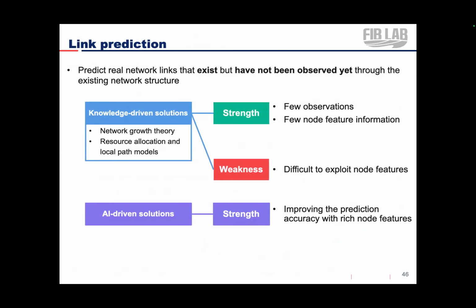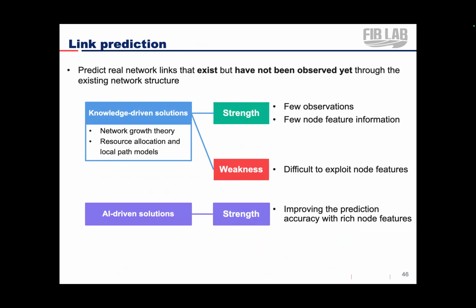So for link prediction, the traditional methods in this field rely on network theory, for example, preferential attachment, but they struggle with sparse data.